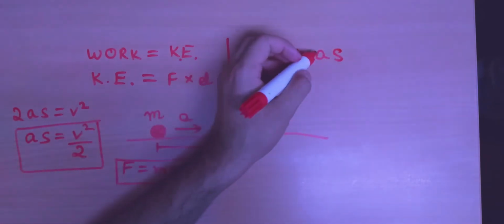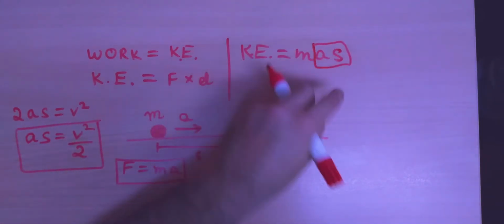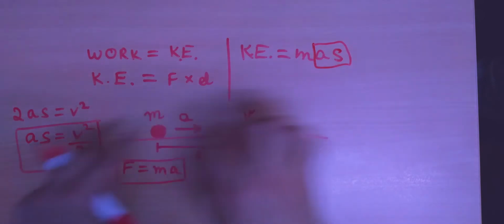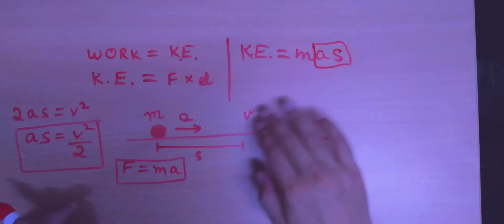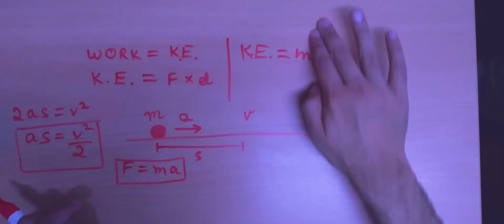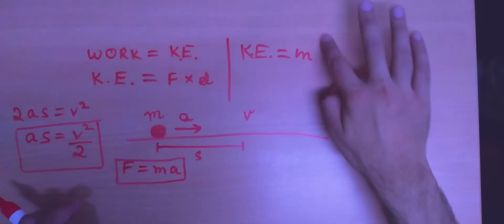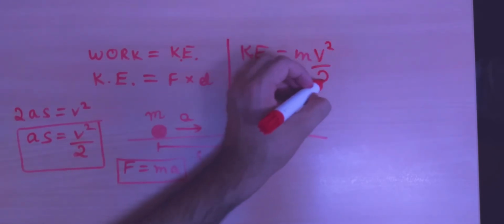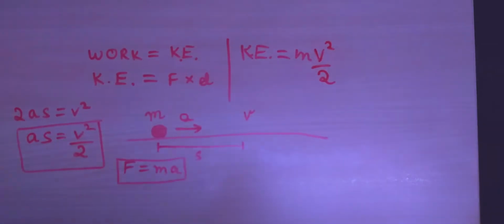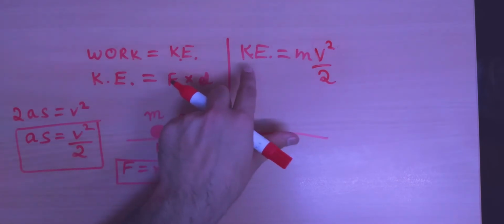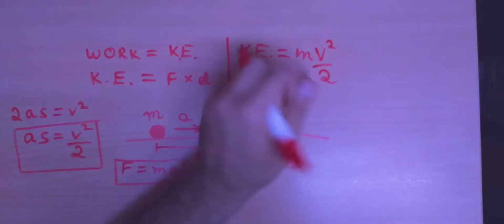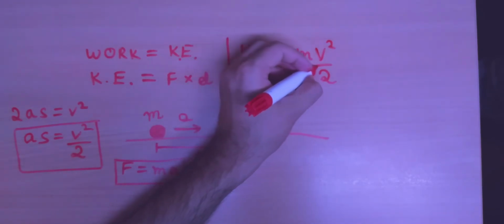Let me remove as from there, and instead of writing as I can write v square upon 2. And here we are with the equation: kinetic energy equals mass into velocity squared divided by 2.